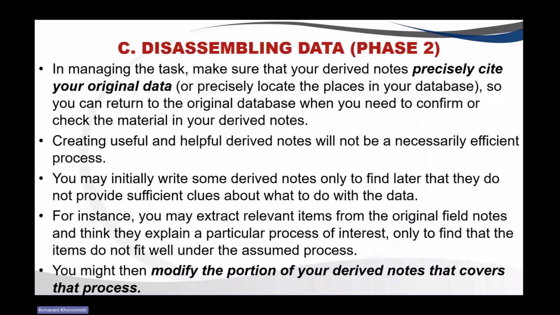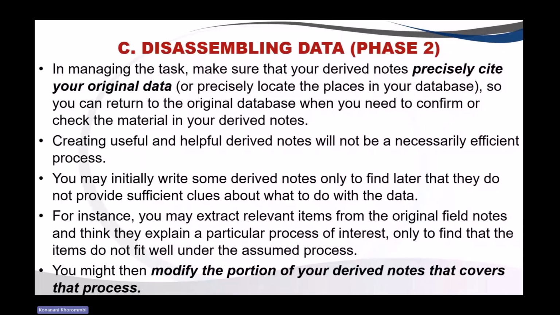So creating useful and helpful derived notes will not necessarily be an efficient process. You may initially write some derived notes only to find that later they do not provide sufficient clues about what to do with the data. For instance, you may extract relevant items from the original field notes and think that they explain a particular process of interest, only to find that the items do not fit well under the assumed processes.